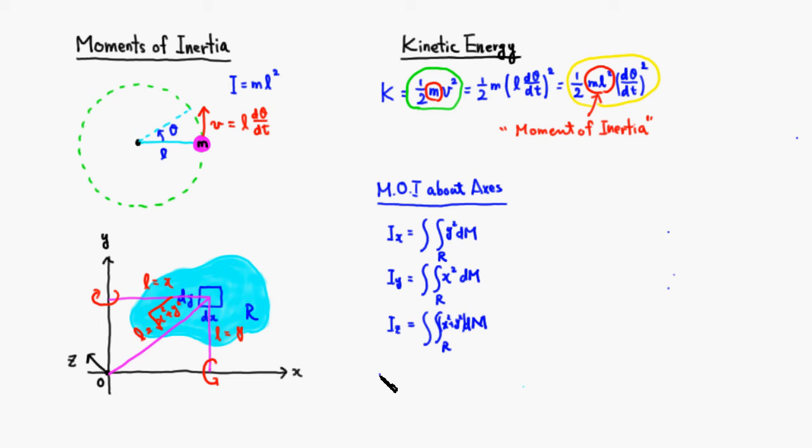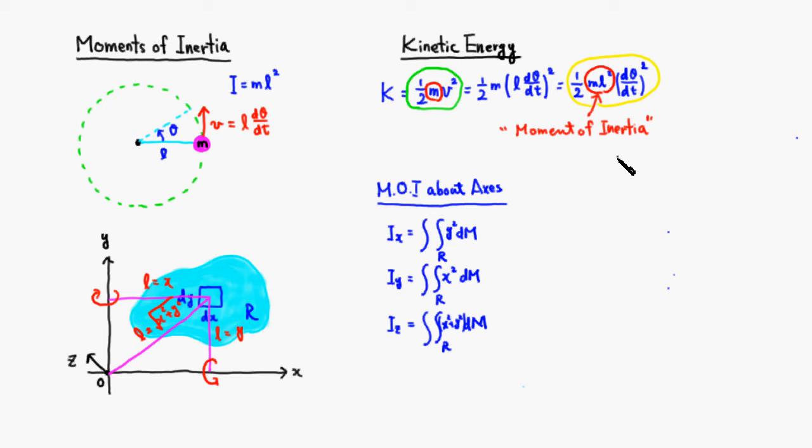You can see by looking at the formulas that I sub x plus I sub y ends up being I sub z. This is called the perpendicular axis theorem. I'm going to write that down.